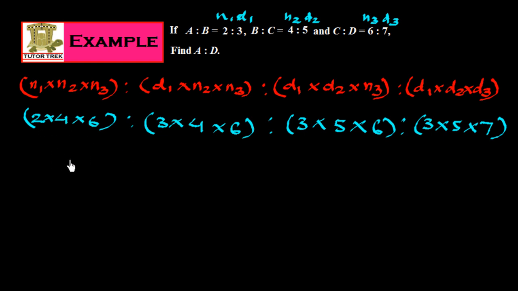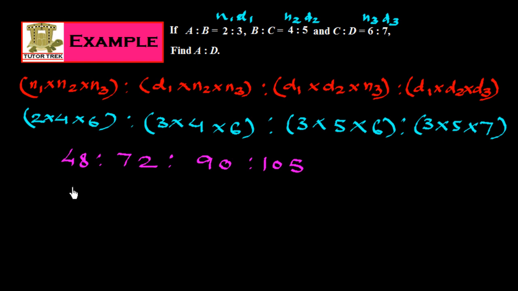So we get 48 here. Then 24 3s are 72. 5 3s are 15, and 6 times 15 is 90. And 7 5s are 35, 3 times 35 is 105. So this is our ratio 48 is to 72 is to 90 is to 105.